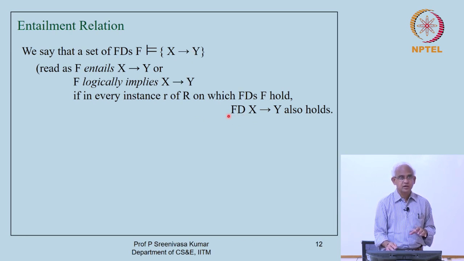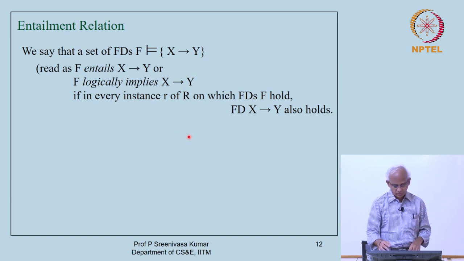If that is the case, we say that the right hand side functional dependency is logically implied by the left hand side, or the left hand side functional dependencies entail the right hand side functional dependency. Okay. Now, we have already seen such an example. In the previous slide, we saw that if X determines Y and Y determines Z hold on some scheme, then they logically imply that X determines Z holds.